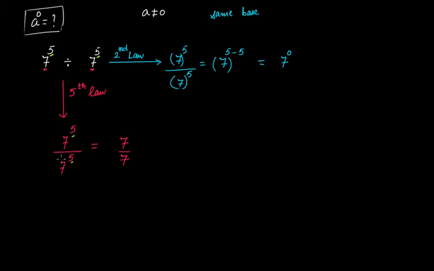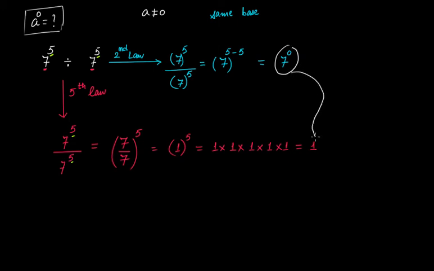In this case we have taken the same base because the bases are equal. You divide the two bases and then simply write the exponent here, right? Now what does this become? It becomes 1 to the 5th power. 1 to the 5th power means what? You have to simply multiply 1 five times with itself. And what do you get? We get 1. Now, this 7 to the exponent 0 has to be then equal to 1.